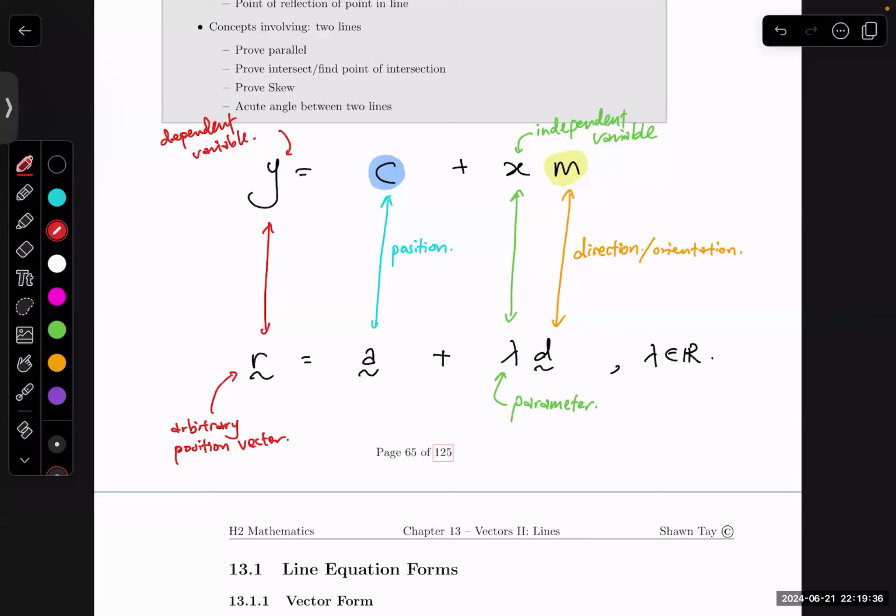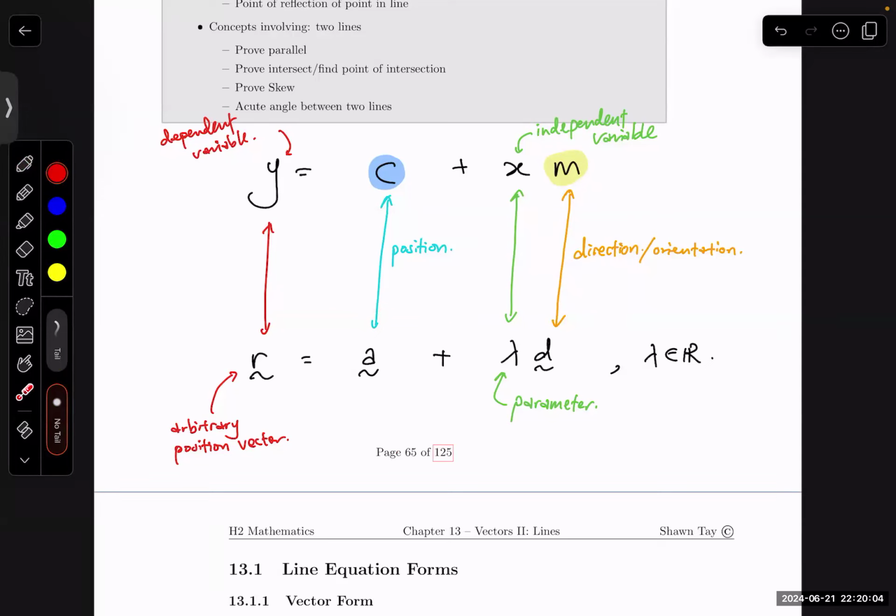Things like calculus, they ask you to differentiate. You just need to know how to differentiate, how to sub in some numbers and get an answer. But in recent years, O-level, A-level, unfortunately or fortunately, we are seeing a lot more questions on conceptual understanding. So let's talk about some conceptual understanding about this line equation in vectors.